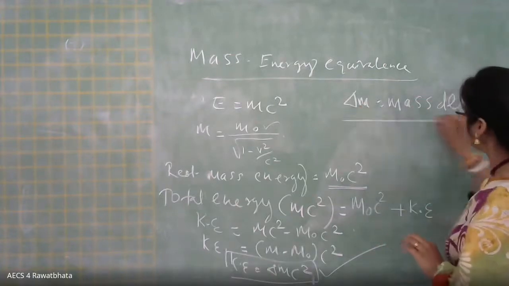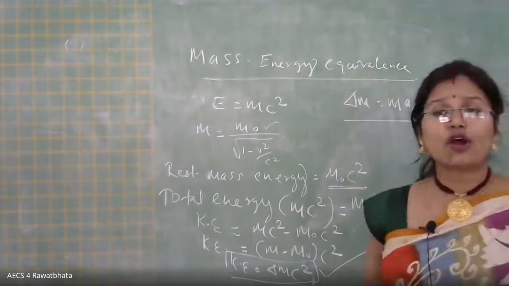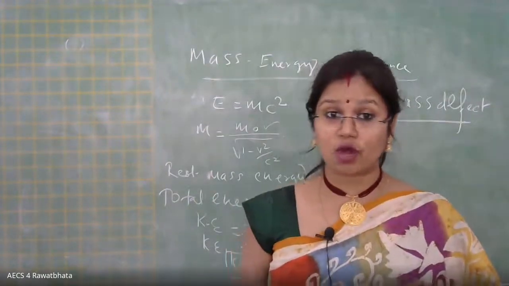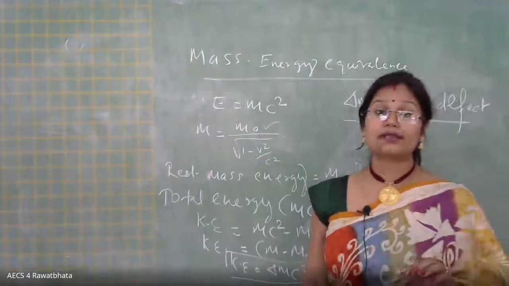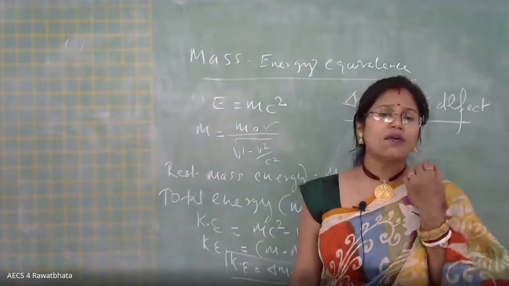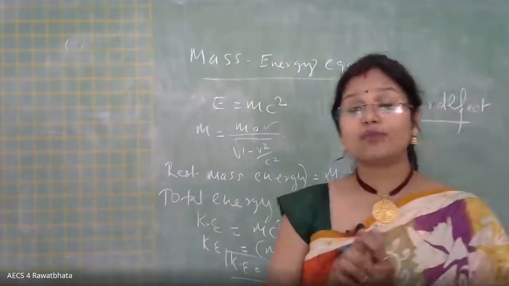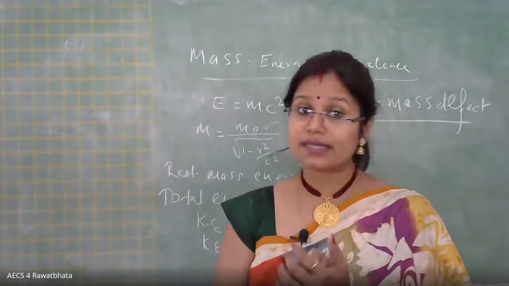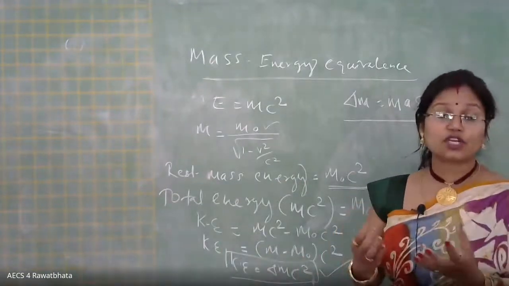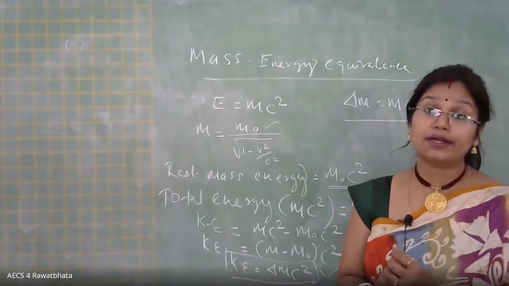Because of this mass defect only, when we are talking about nuclear fusion or nuclear fission, the mass defect is leading to the emission or liberation of a large quantity of energy.